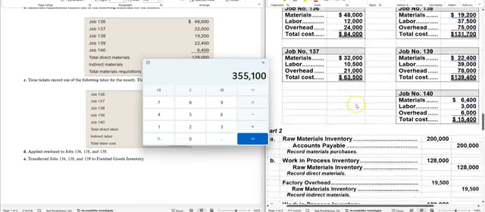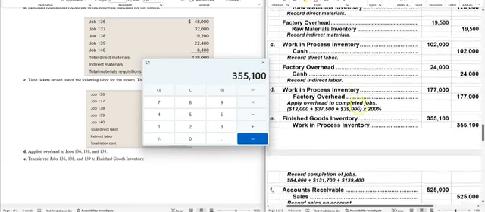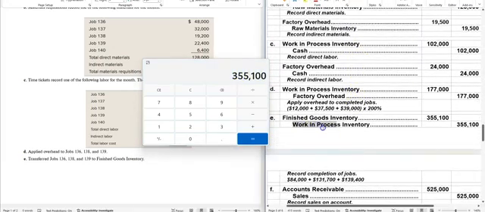Total costs that I need to transfer are 355,200. So I am going to credit work in process to transfer those costs out of there and debit finished goods, moving the cost from one inventory account into another.